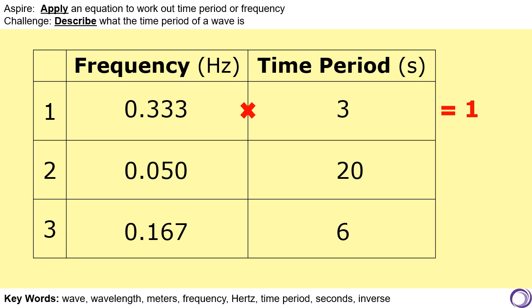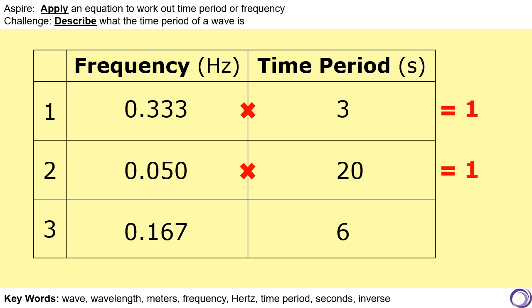Now, if we look at that first one, if you multiply 0.333 recurring by 3, you get 1. I'd like you to give this a go for the other two sets of data. Grab your calculator and multiply them together and see what you get. I'll give you a few moments. Okay, so if you multiply 0.05 by 20, you also get 1.